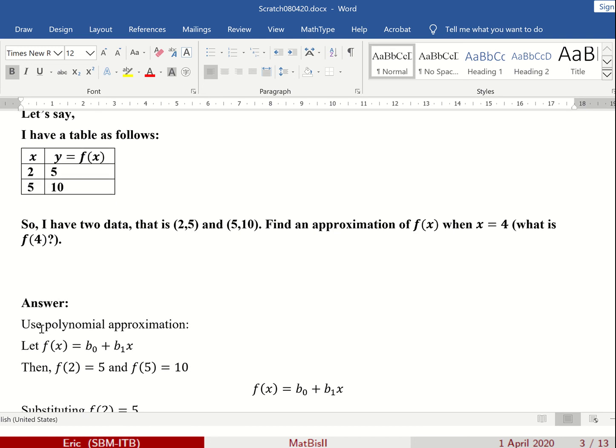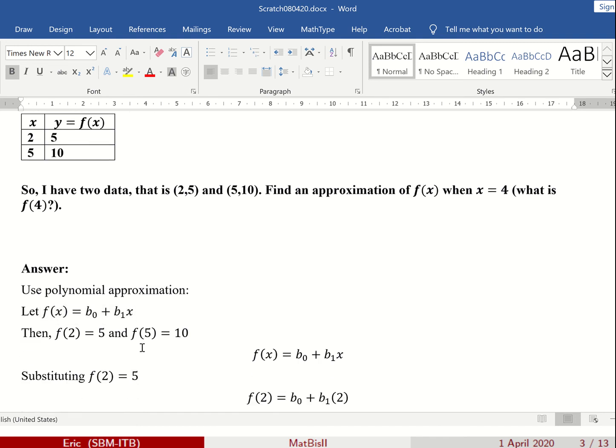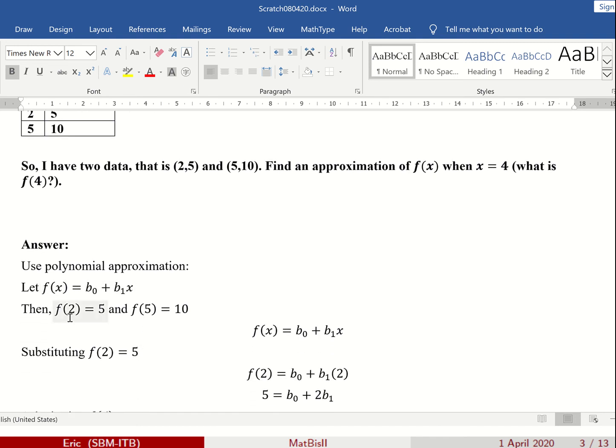I remember from junior high, if I have 2 points, I can make a line. So I can use a polynomial approximation such as f(x) equals b0 plus b1 times x. That is linear. Then I have f(2) equals 5 and f(5) equals 10.